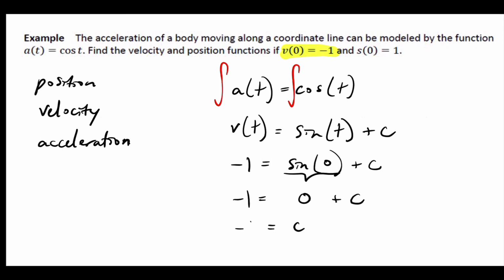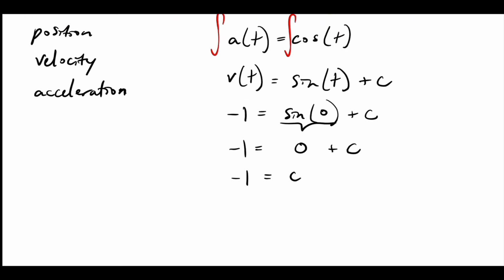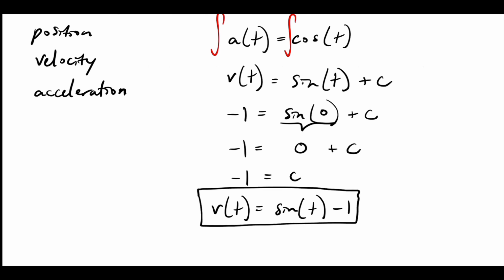So that means c equals -1. Okay, plug that back in. So velocity equals sine of t minus 1. There's one of my answers. I found velocity.